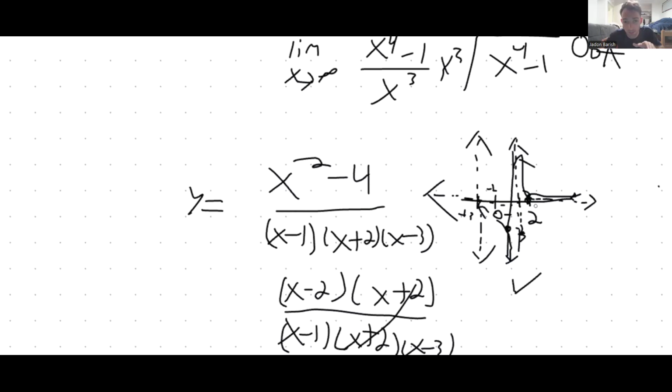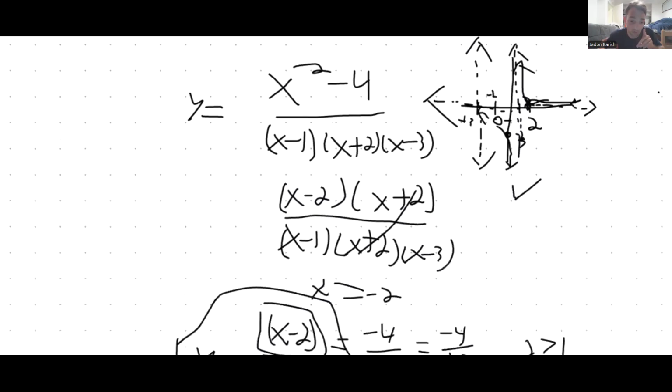So it crosses the line, but then it comes right back up. That's the idea. Now on this side, you have to realize that you're coming down, because you have to hit this y-intercept, and you can't cross this vertical asymptote, so it must be coming down. Now, this hole, what I would do is plug in negative 2.5 to figure out if we're above the line or below the line.